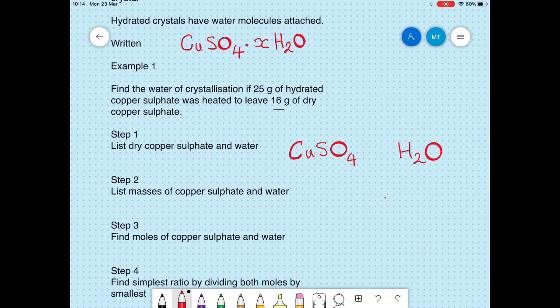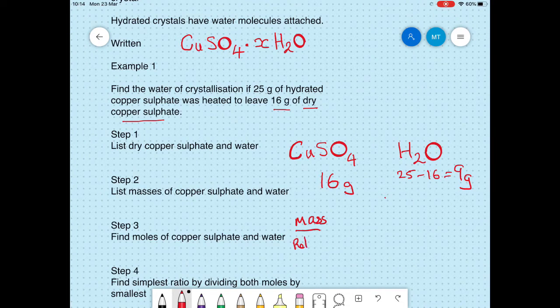Now, if you look at the question, it tells you the mass of dry copper sulfate, so that's quite straightforward. So that's 16. But the mass of water we'll have to calculate, and that's the difference between the wet and the dry. So 25 minus 16 equals 9 grams, and that's the mass of water that was driven off when we heated it. Like I said earlier, check the video on how to do the practical.